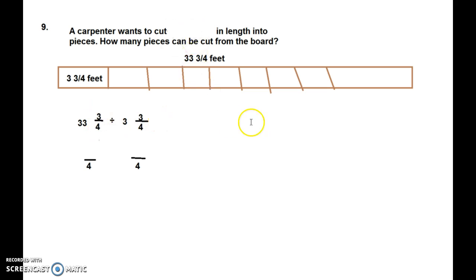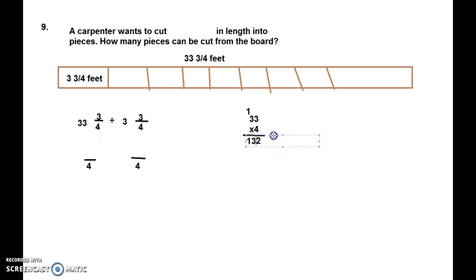So what's 33 times 4? Well, I don't know off the top of my head. Maybe you guys are geniuses and smarter than me. But let's see here. 4 times 3 is 12. 4 times 3 is 12 again, plus 1 equals 13.